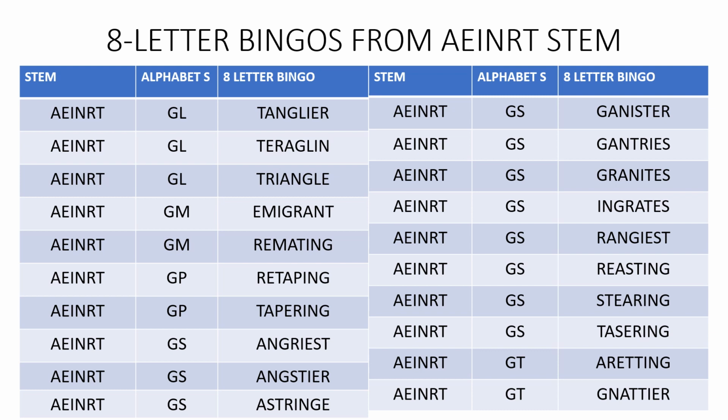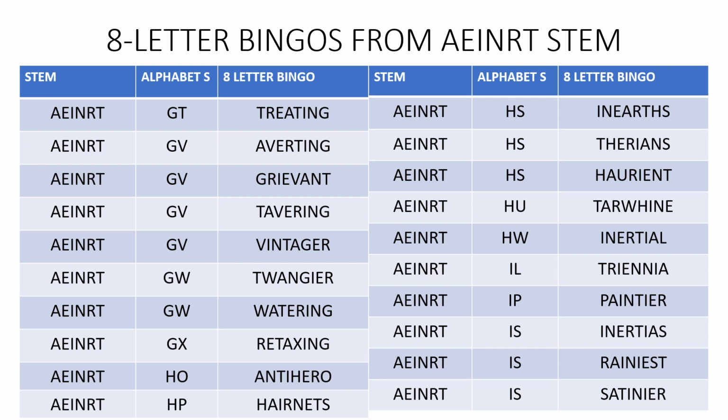And then with GL, Tanglier, and Emigrant, GM, retaping, tapering, Canister, granites, ingrates, rangiest, resting, and with GT, treating, with GV, averting, grievant, tavering, vintager.